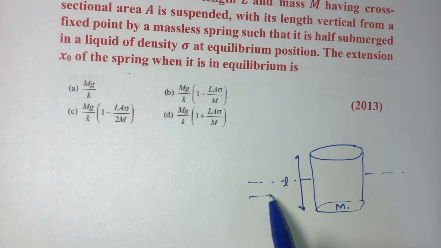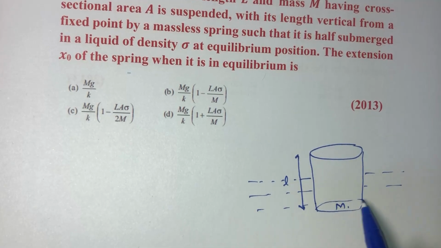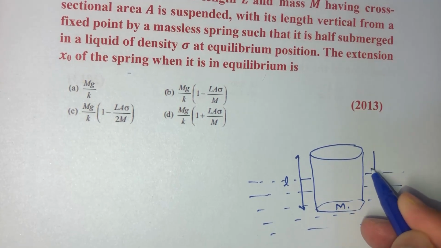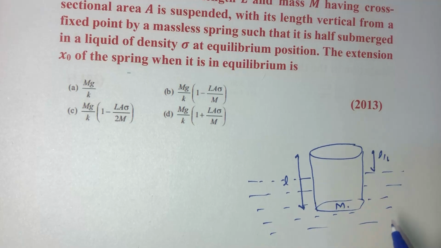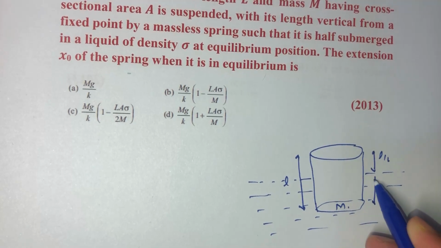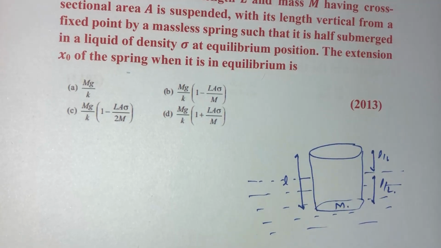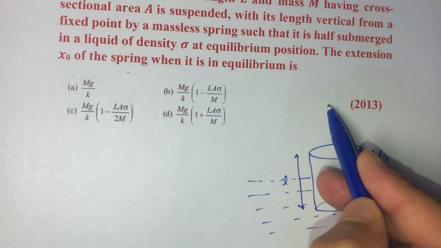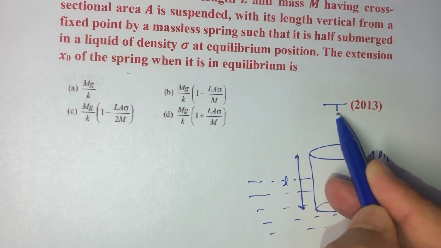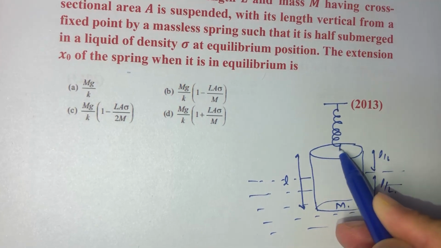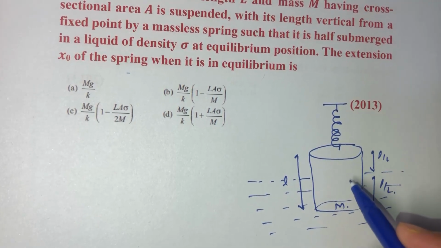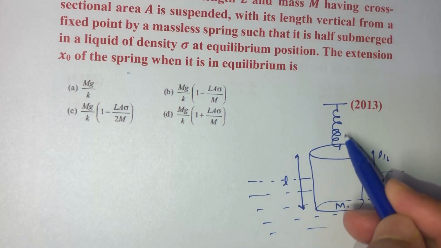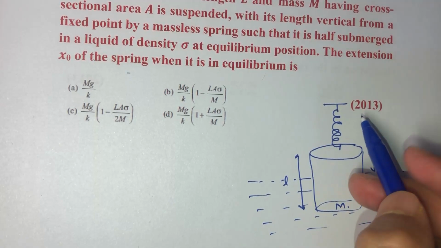So let us suppose this is a half. So this will be our L by 2 as well as this will be our L by 2, and it is fixed by using a massless spring. So let us connect a massless spring to it, and in the position of equilibrium let us suppose the extension in the spring is x naught.